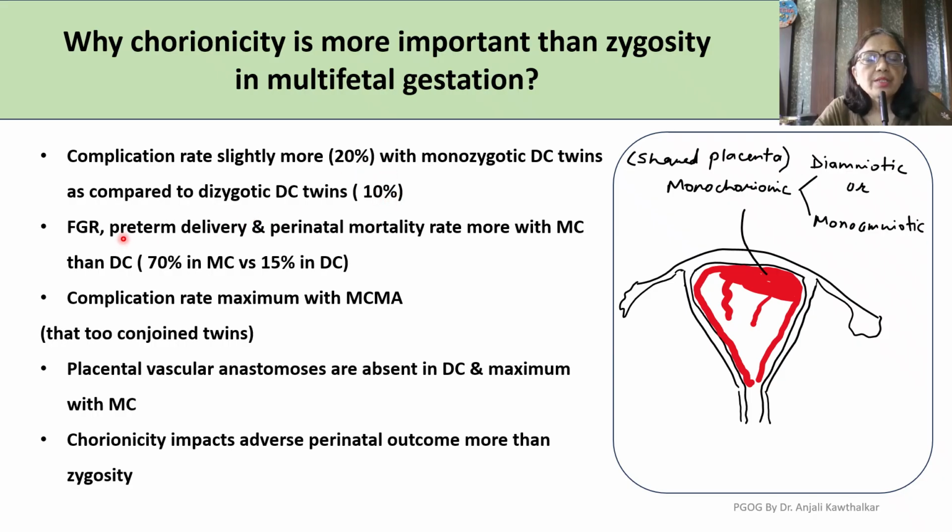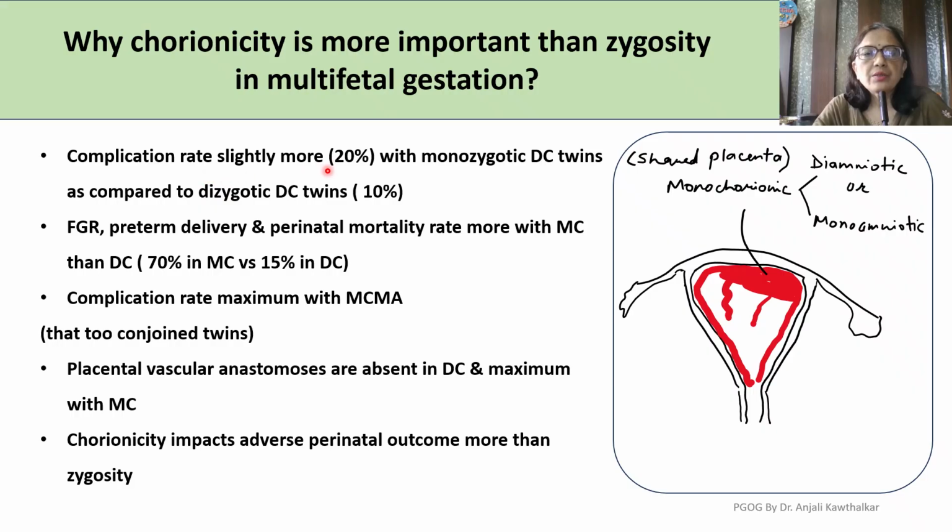But fetal growth restriction, preterm delivery, and perinatal mortality rate are more with monochorionic than dichorionic pregnancy, irrespective of zygosity. If it is monochorionic, the complication rate is 70%, whereas with dichorionic, it is 15%. Such a drastic jump from 15 to 70% is there if we compare monochorionic with dichorionic pregnancies.